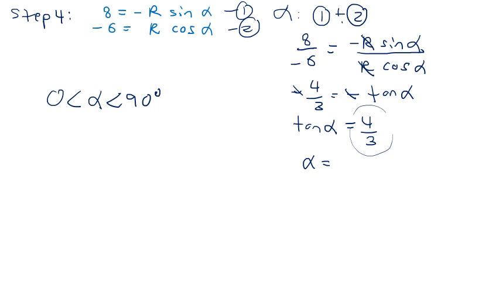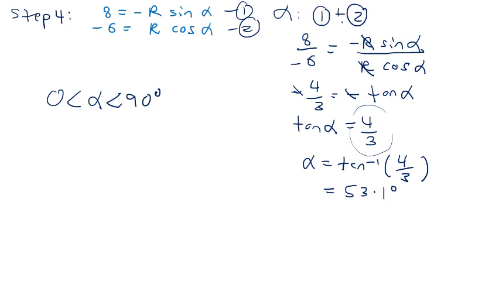So alpha is inverse tangent 4 over 3. So to get this value, you have to check with your calculator. So press your calculator. So we got the angle is 53.13, or we can also put 53.1 also acceptable, since it is already 3 significant figures.